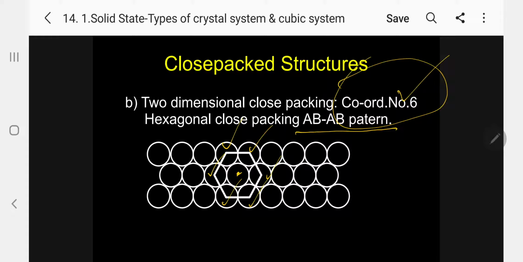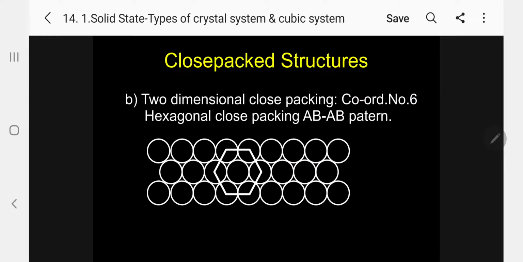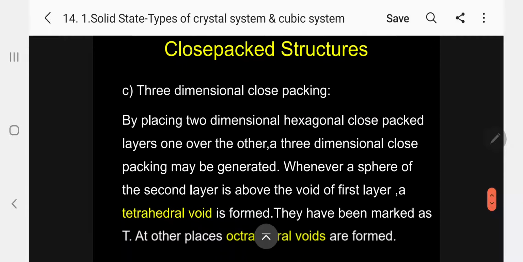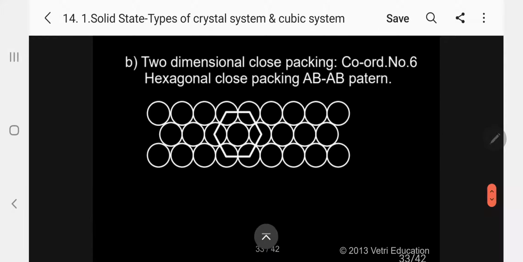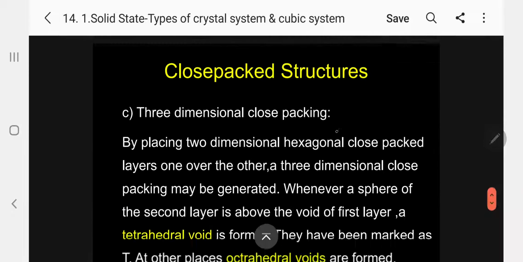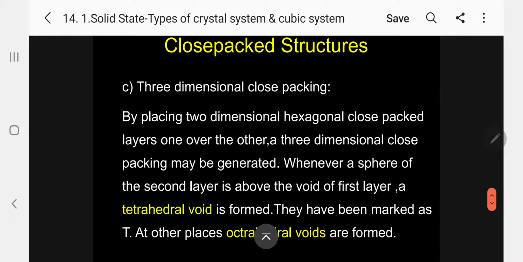Please follow. If you go for three-dimensional close packing, this is very, very difficult to imagine, but you have to imagine, there is no other way. You have come across two-dimensional hexagonal close packing already.